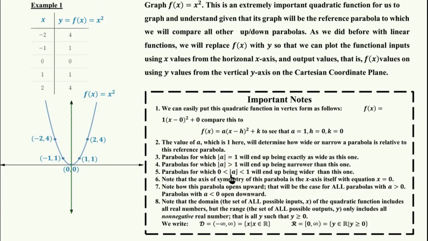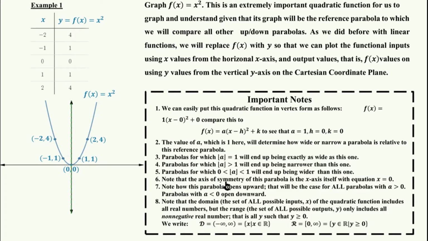And whenever the absolute value of a falls between 0 and 1, we don't want to just say less than 1, because that would include negative numbers. We know absolute value is never negative. So whenever that happens, that's actually going to vertically compress it, and you'll end up getting a parabola that is wider than this one. So we'll be looking at these in a minute.